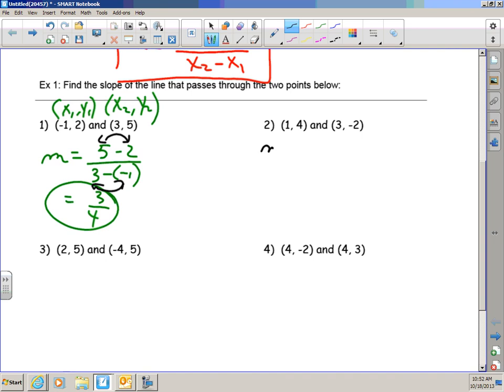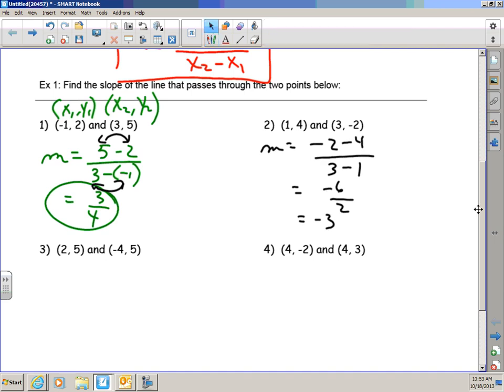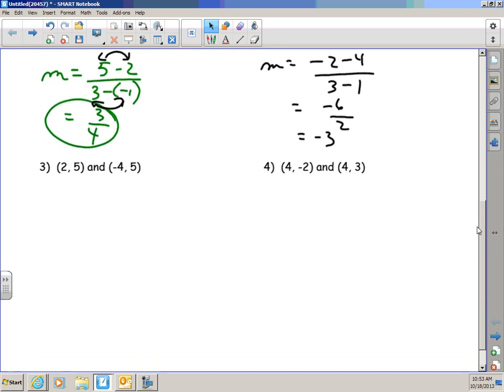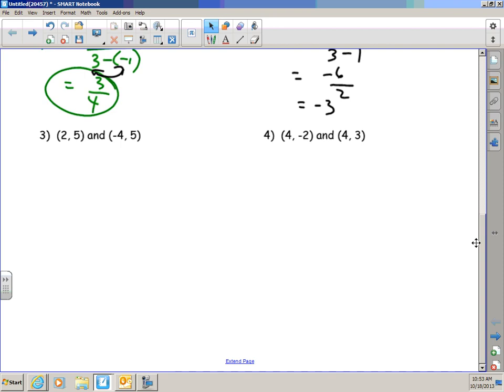So for the next one, negative 2 minus 4 over 3 minus 1, which is negative 6 over 2, which is a slope of negative 3. Always try to reduce the fraction that you get into simplest form. And always keep the fraction as a fraction. Don't convert it to its decimal equivalent.